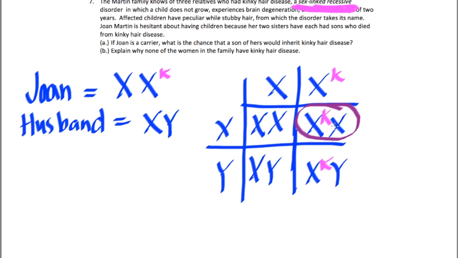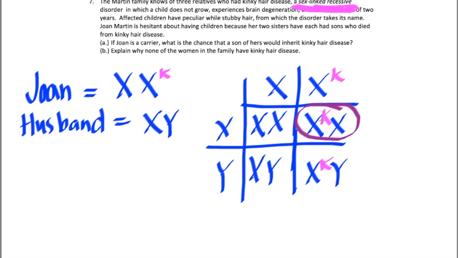But here's the thing about daughters. This daughter can carry it just like Joan is carrying it, but she has another X chromosome that will mask this recessive allele here. Because she has two X's, anything that's deficient from this X can be masked by this X here.